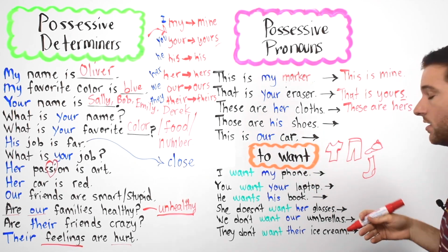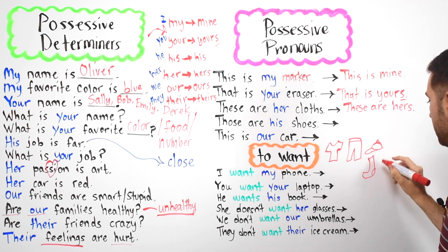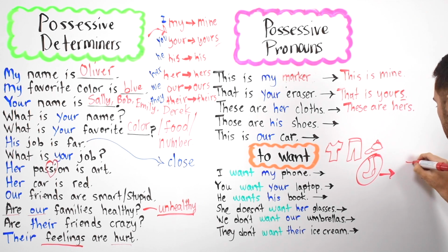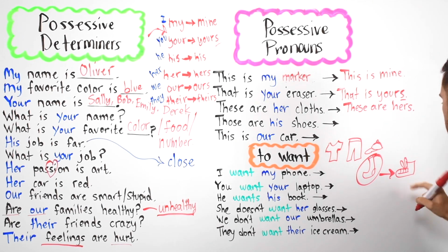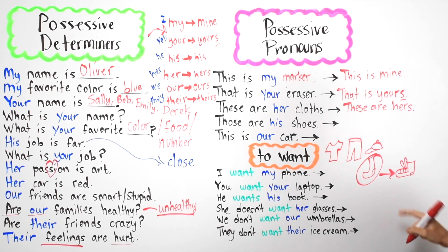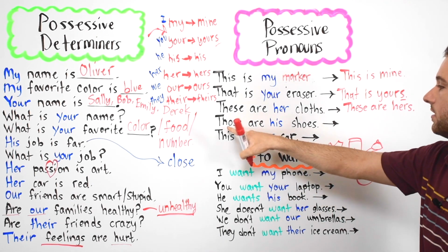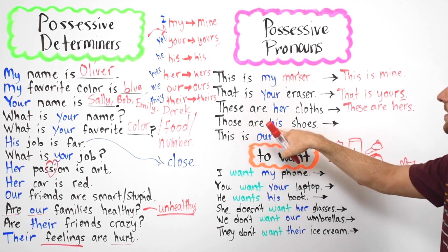Those are his shoes. Shoes is what you wear on your feet. So these are socks and these are shoes. Okay, shoes have the shoelaces. These are shoes, okay? Shoes and socks. Those are his shoes.